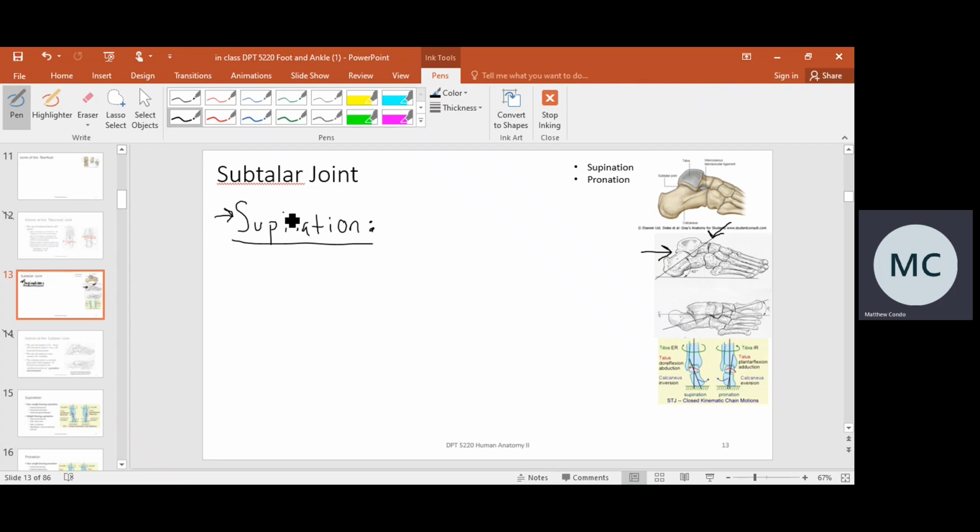I'm going to have all these different combination motions. So that's exactly what we see with pronation and supination, is that it is a combination motion, not necessarily because we're trying to perform that one singular motion, but it just kind of happens due to the morphology of the subtalar joint.